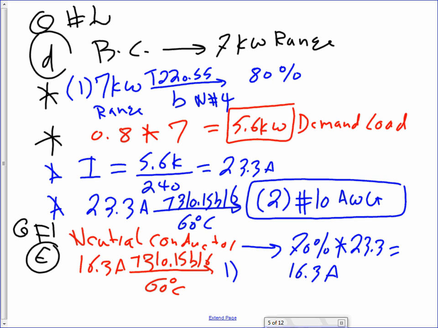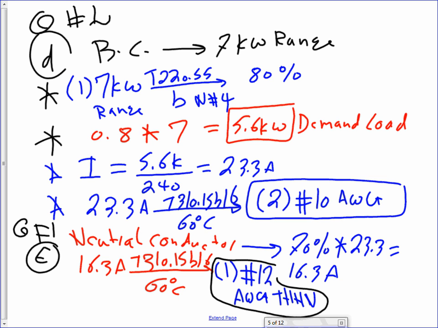One conductor number 12 AWG THHN. That's the full answer. So I have two conductors number 10 and one conductor number 12. The neutral slightly less.